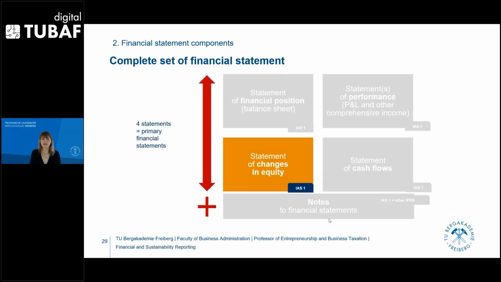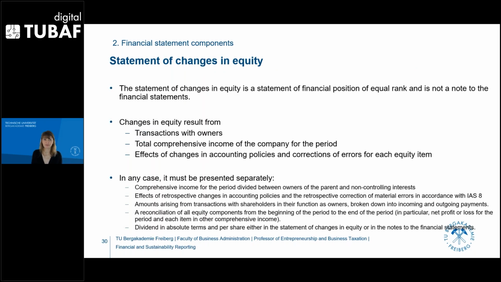The next part of the financial statement is the statement of changes in equity. This statement of change in equity is a statement of financial position of equal rank, and is not a note to the financial statements. It results from, for example, transactions with owners or the total comprehensive income of the company. That's what we mentioned before, or effects of change in accounting principles.